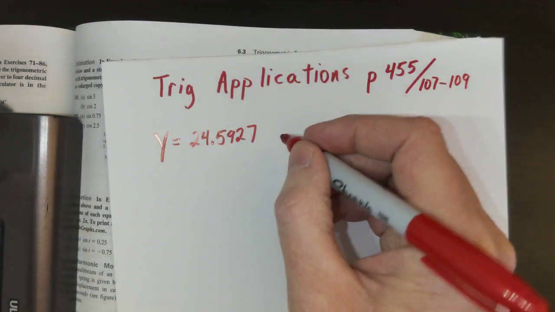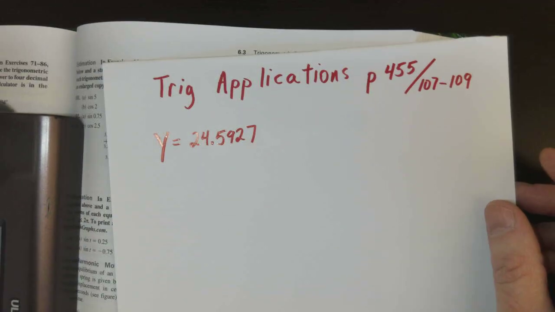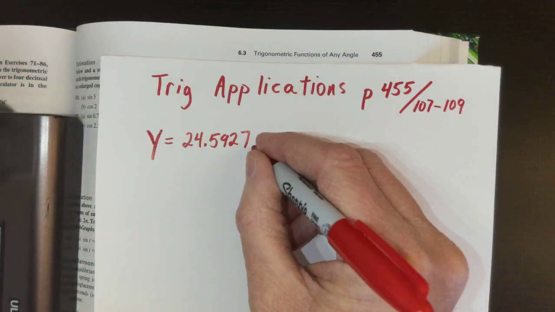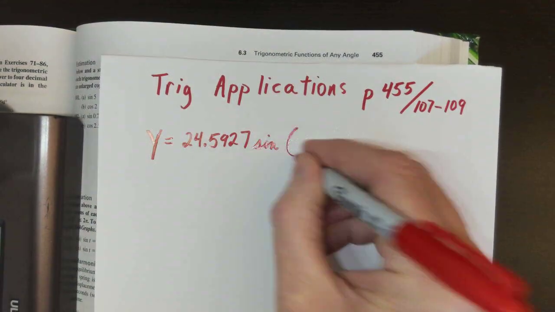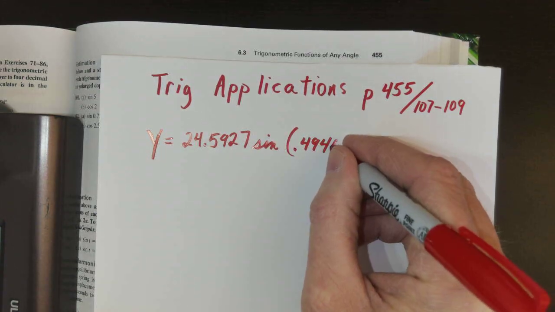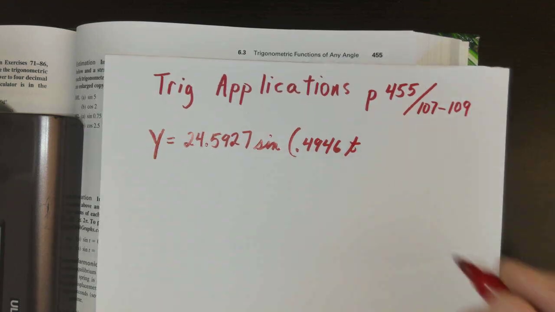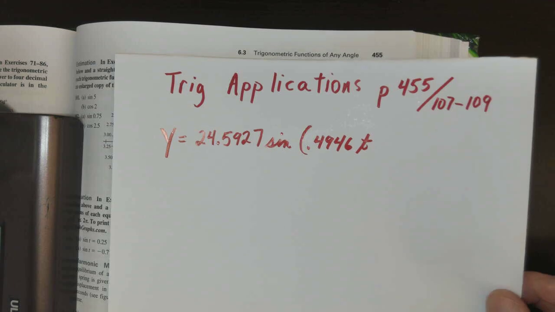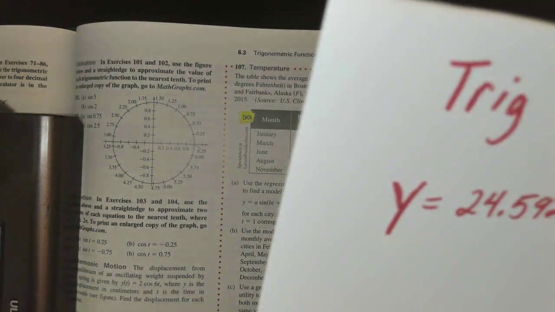The B value is 0.4946, and that is the coefficient of t. Our calculator is calling it x.